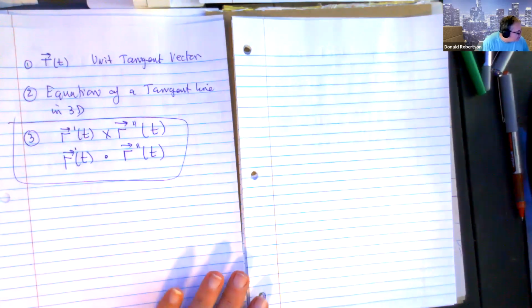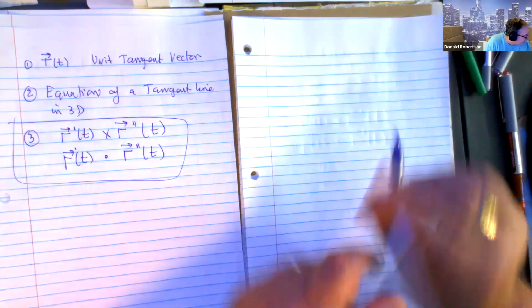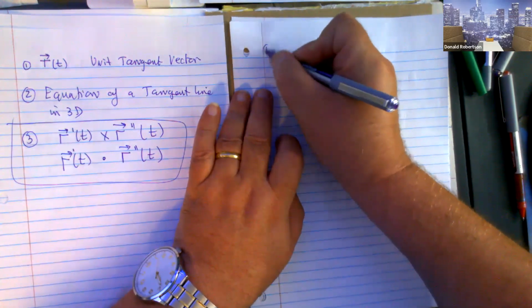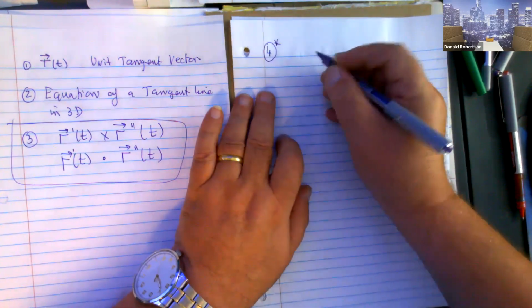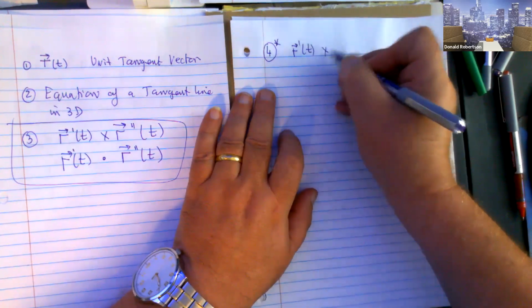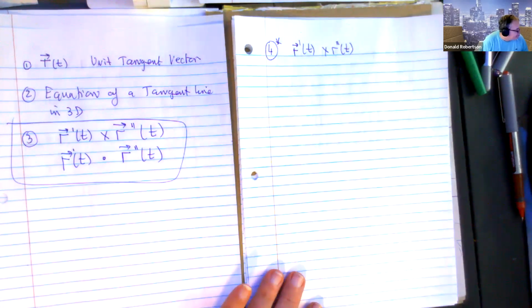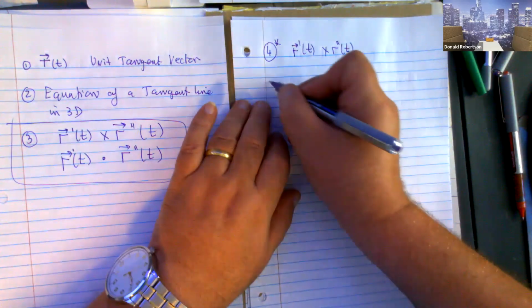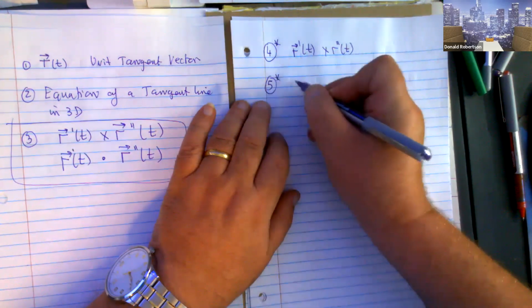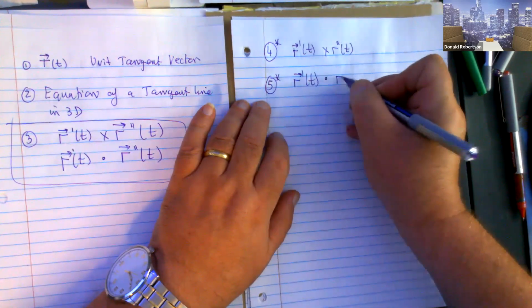So there are a couple of questions. I'll see if I can find their numbers, where you do what I just said. Question 4 is asking us to get that guy, amongst other things. Question 5 is asking us to find that guy.